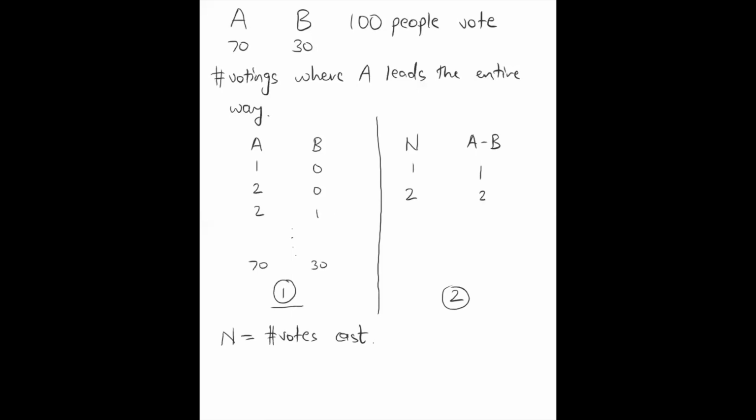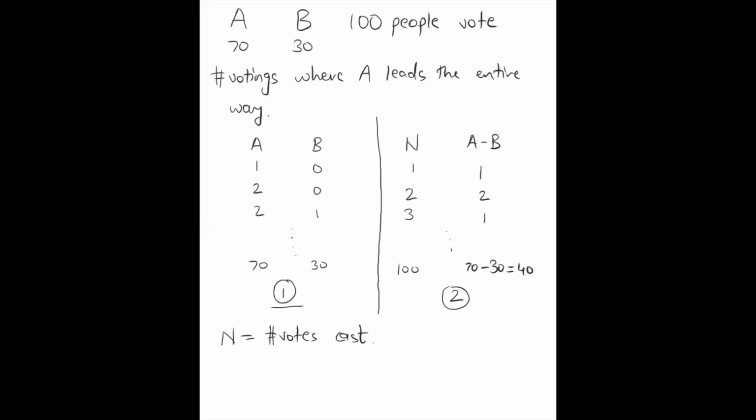For the third one, N will be 3 and A minus B will be 1, because A has received 2 votes and B has received 1. This will continue, and finally N will be 100, because when the election ends, 100 people have cast their vote, and A minus B has to be 70 minus 30, because we've been told that is how the election ends. So A minus B will be 40 in the end.